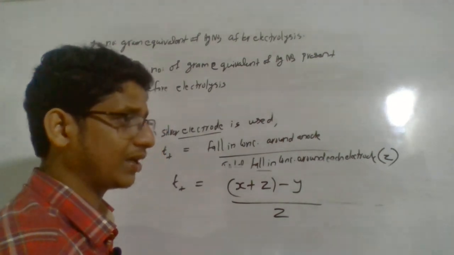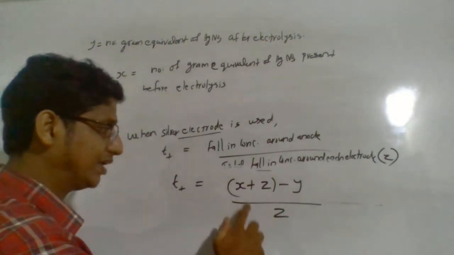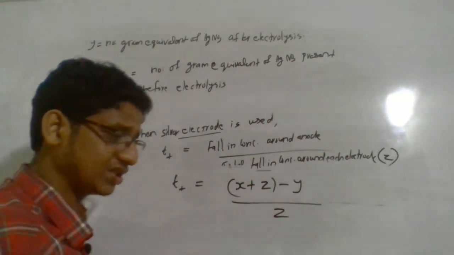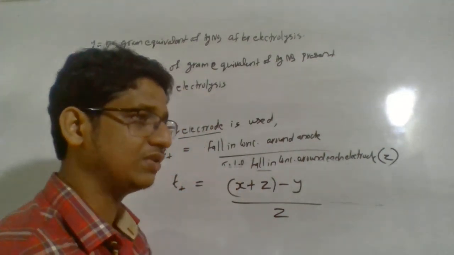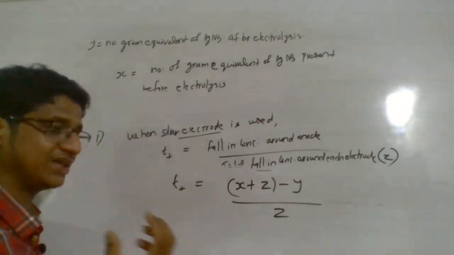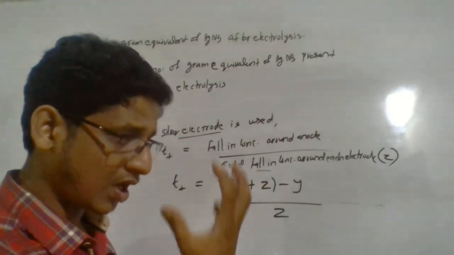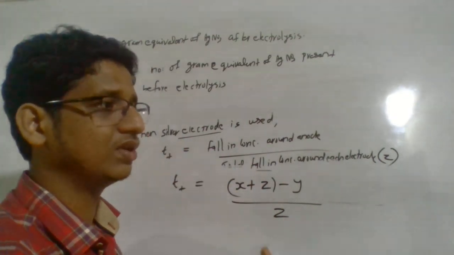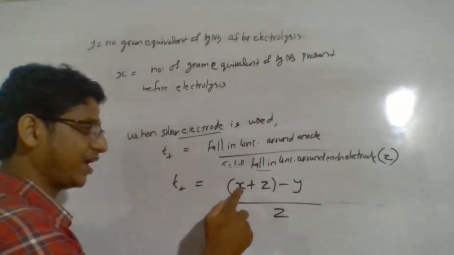If an inert electrode like platinum is used, you can simply use X minus Y divided by Z. But here the silver ion concentration is found to be increased after electrolysis, simply because silver ions are produced from the silver electrode. Because of that, what is the exact falling concentration around the anode after electrolysis? Now you have to add X plus Z.